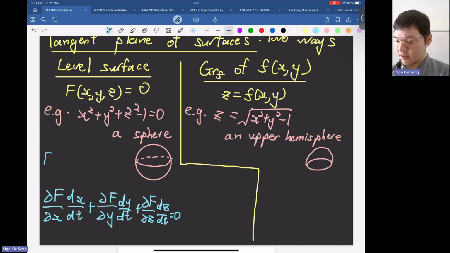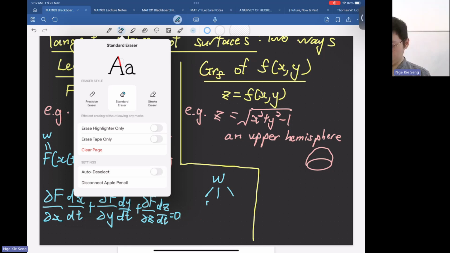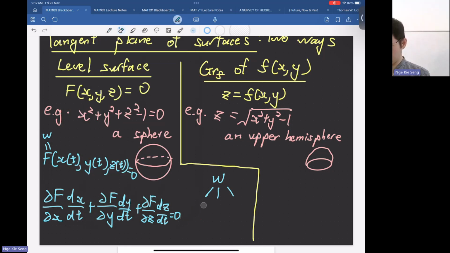Meaning, we need to have an extra variable that describes the position of a point on the surface. You remember the tree or not? If I let this equal w, what's the tree you draw here? w is written in terms of x, y, z, and then x, y, z will depend on t.